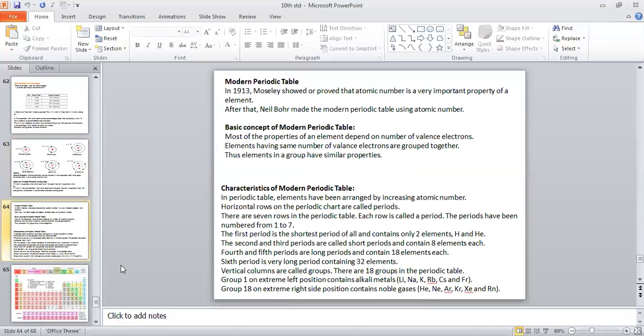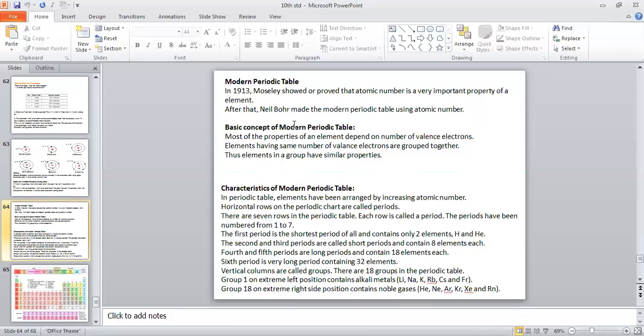Next point is the modern periodic table. This classification of elements was given by Moseley, and it is based on atomic number. This is a very important property of an atom or element, that is, atomic number. So this table is called the modern periodic table.